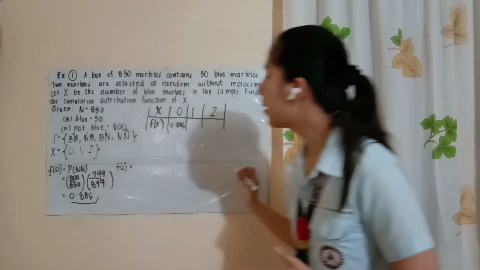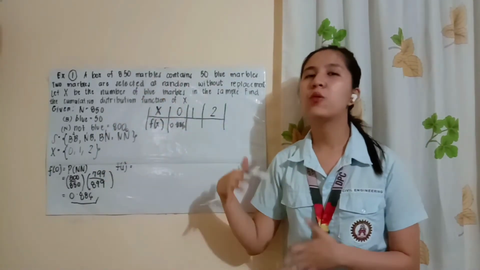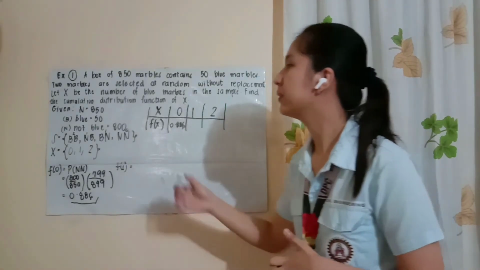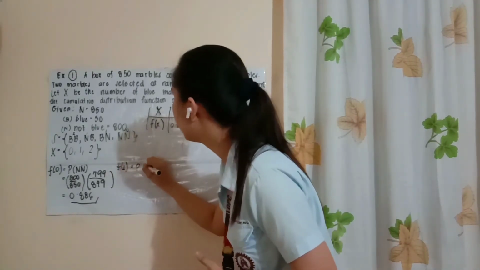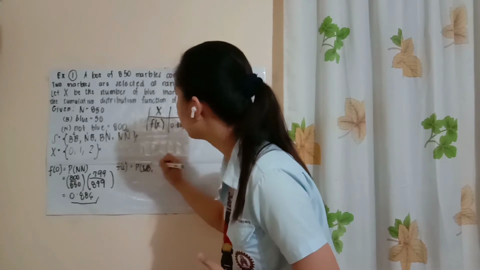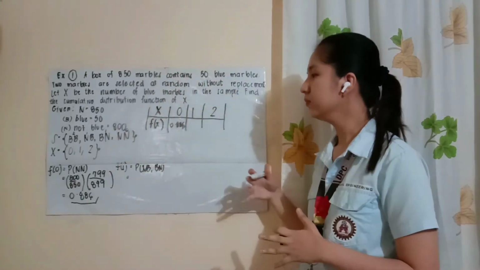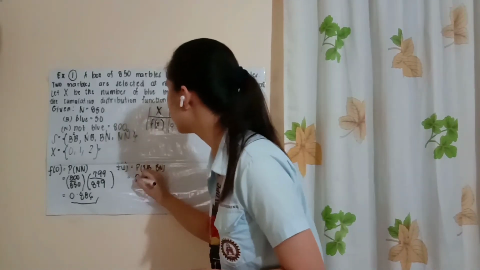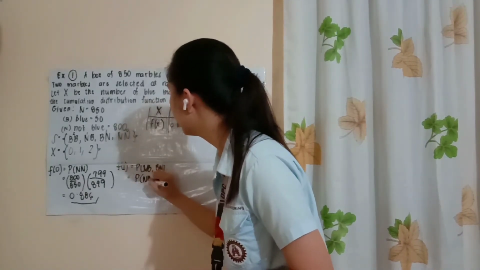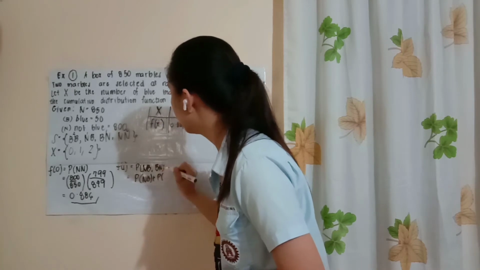Next one, we will get f of 1. So, ano ba yung mga sample points natin na makakakuha tayo ng isang blue lang? So, we have probability of NB and probability of BN. For this one, i-denote natin siya as P of NB plus P of BN.